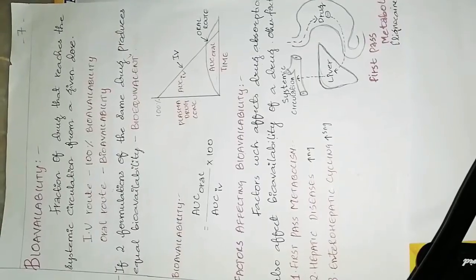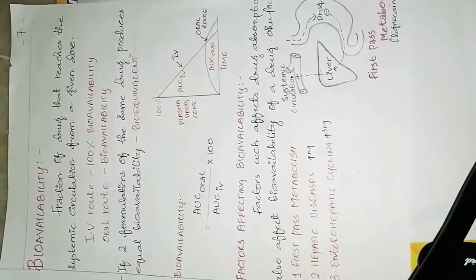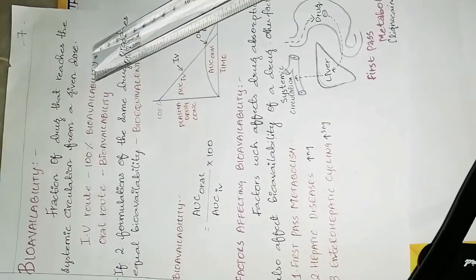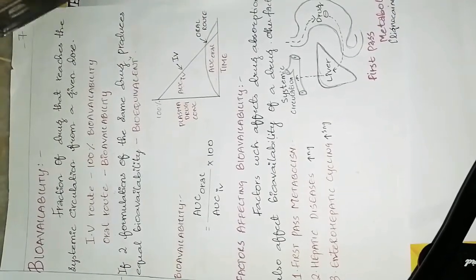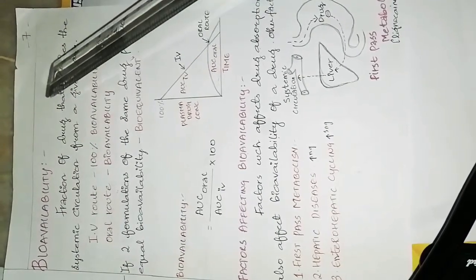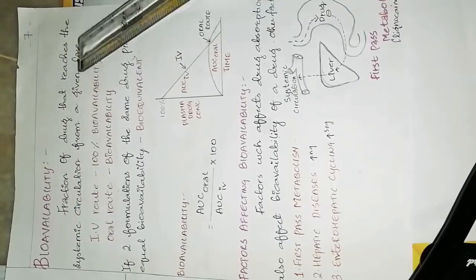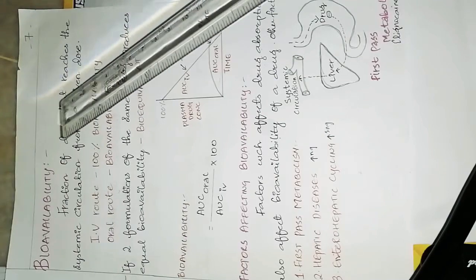Next, coming to bioavailability. What is bioavailability? It is the fraction of drug that reaches the systemic circulation from a given dose. I repeat, the amount of drug that reaches the systemic circulation from the administered dose is called bioavailability.